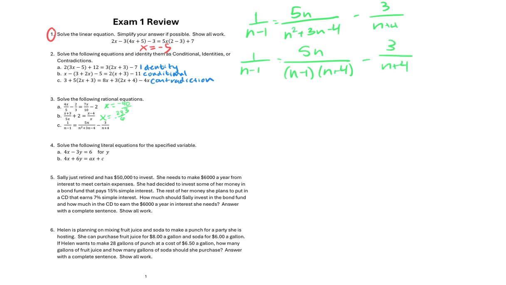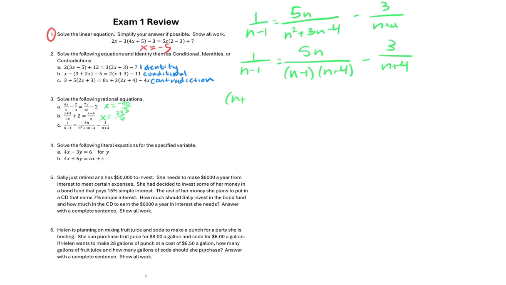So this factor here is convenient because that's our other two factors. So when we find our common denominator, we can just use this middle denominator. That's going to be our common denominator. So on this outside one, we need to multiply the top and the bottom by n plus 4.